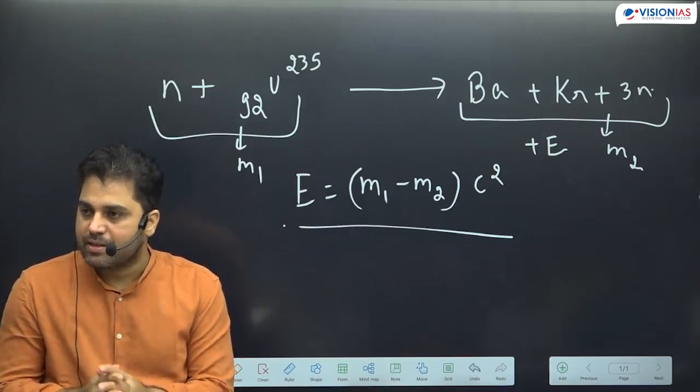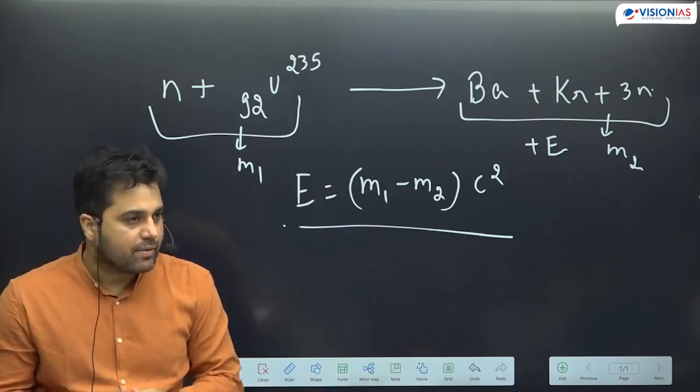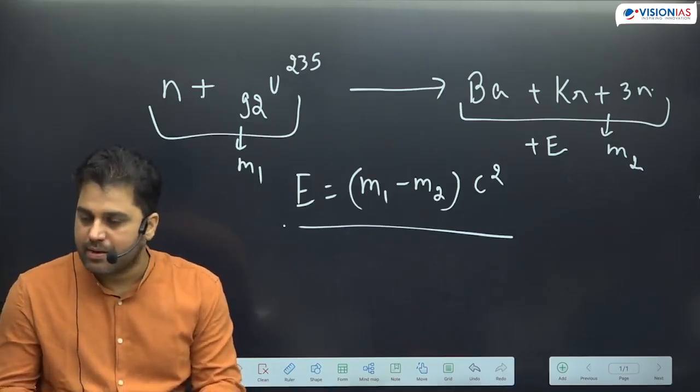So fission reaction essentially involves disintegration of a heavy nucleus into lighter nuclei. You can write it down.